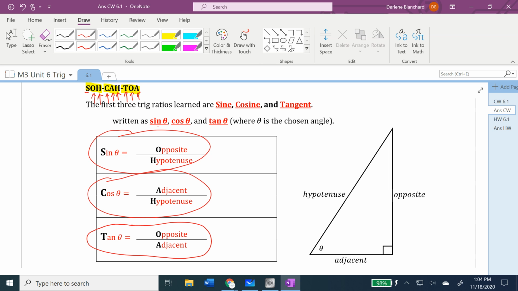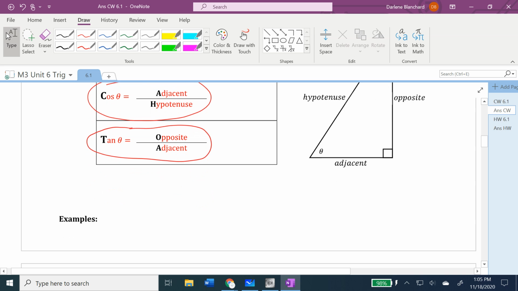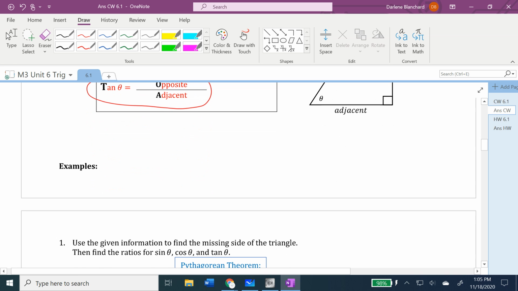These functions don't make sense if you write the three letters only and write nothing else. If you don't want to write the angle, you have to write out the word. So these are the full words, but when we talk about the function, we write the angle afterward. Okay, make sure again that you have those memorized.